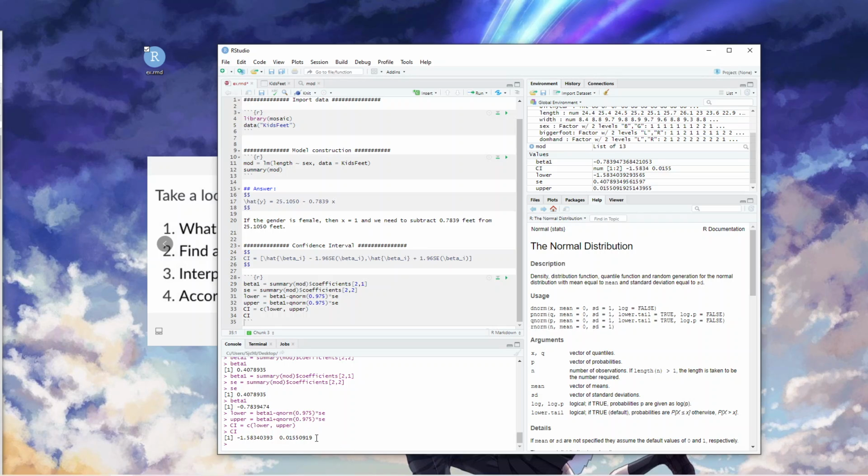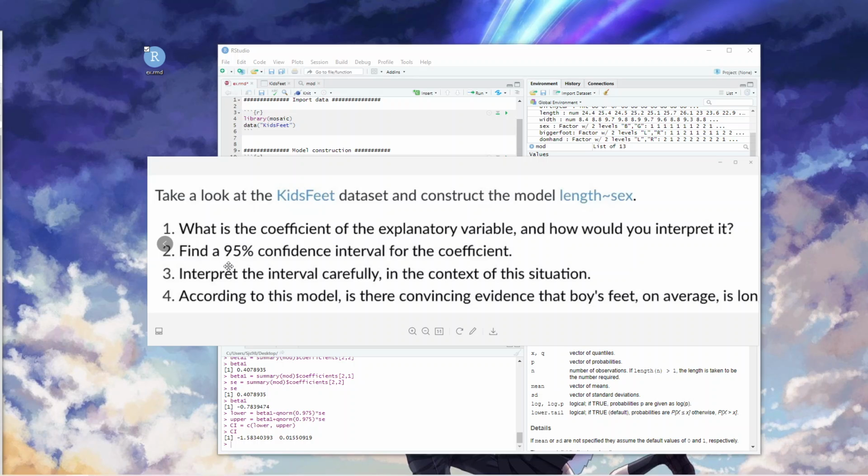All right. So next step, okay, let me just finish the second question. So find out 95%, okay, we found it, and we need to interpret the interval carefully in the context of this situation. Normally when we try to answer this question, we always say the confidence interval basically tells you what is the probability of the actual value lying within your estimate.